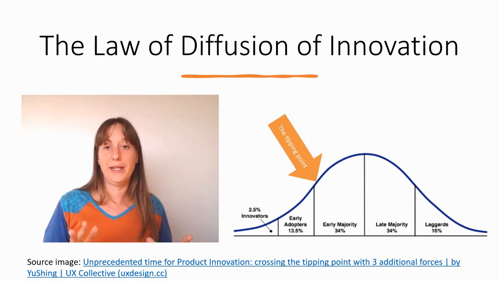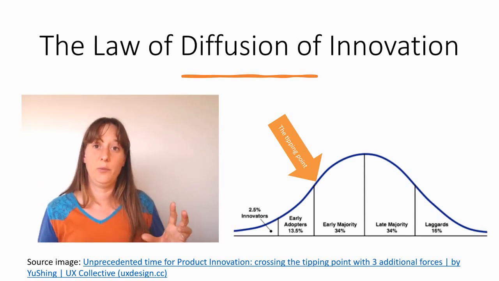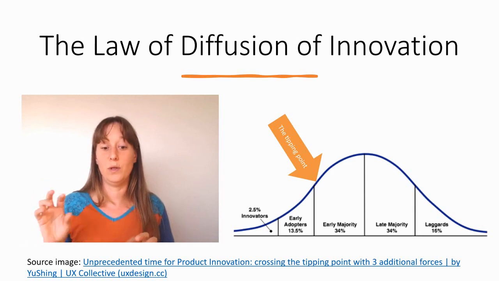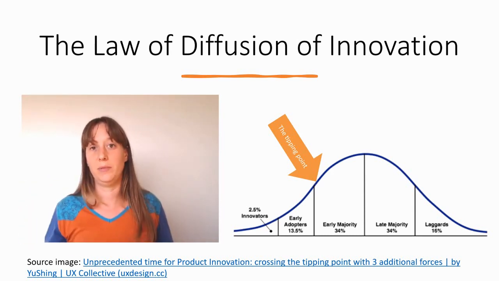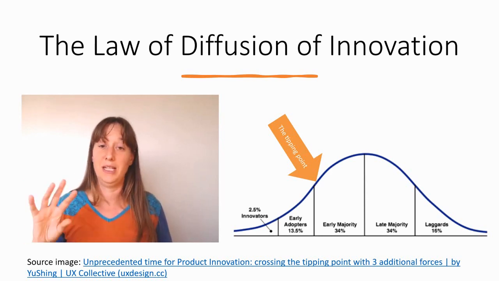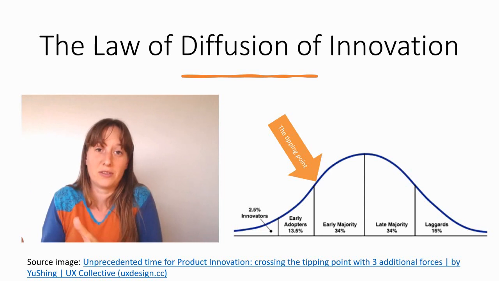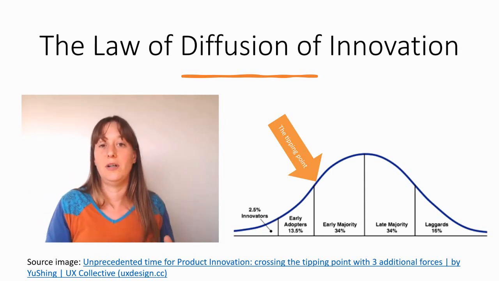The earlier you can identify those, the better, because you know where to aim your marketing effort. And once these people come in, then you can cross over to the early majority, and there's still a tipping point there and a chasm to cross, as they say. But you need to get to those early adopters first.